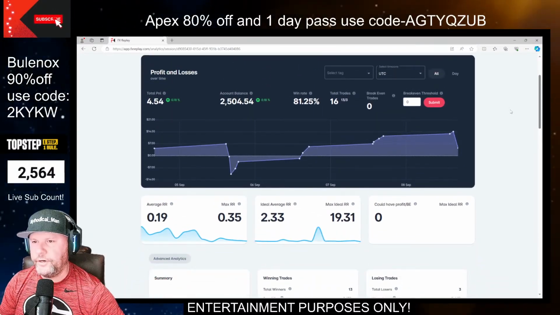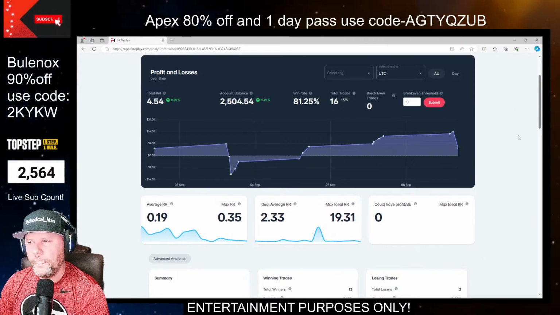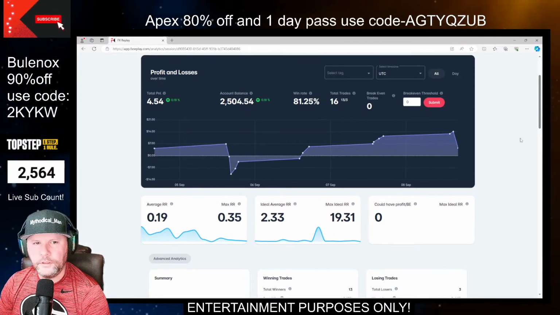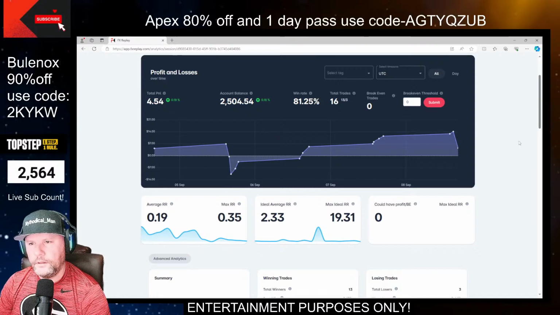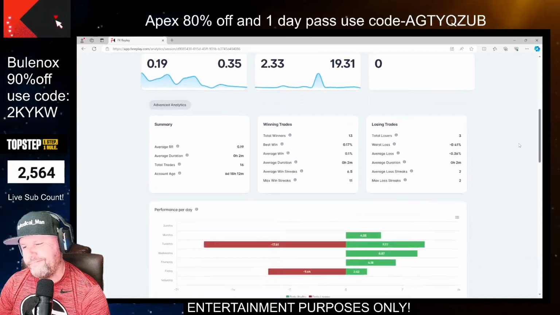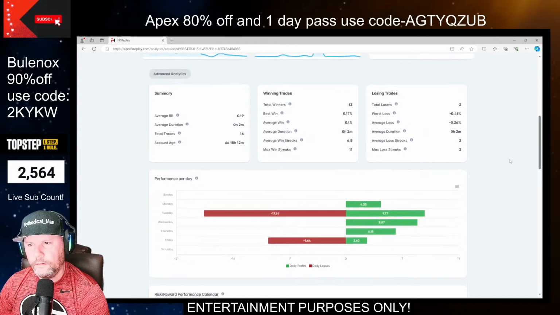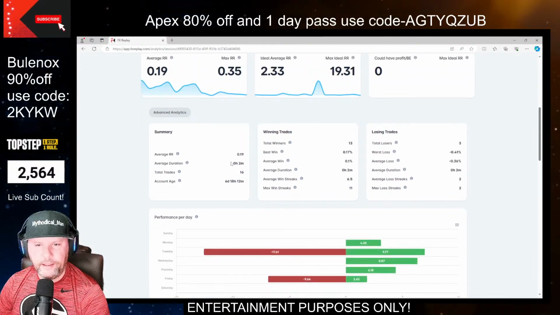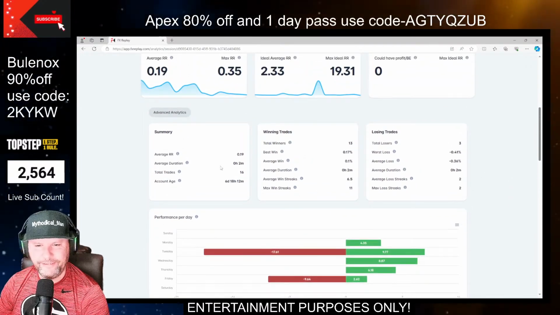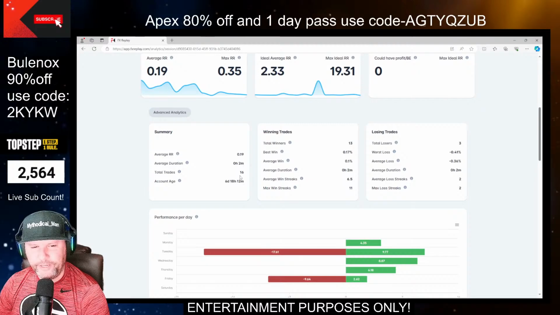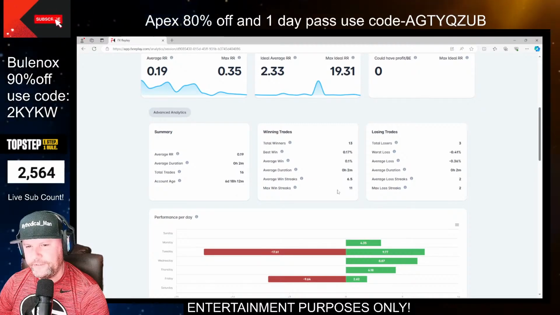So we took 16 trades, 13 winners, 3 losers. So, like I said, 81%. I think I probably could have done better than that, but that's okay. RR is going to be bad, 0.19. Average duration, 2 minutes.